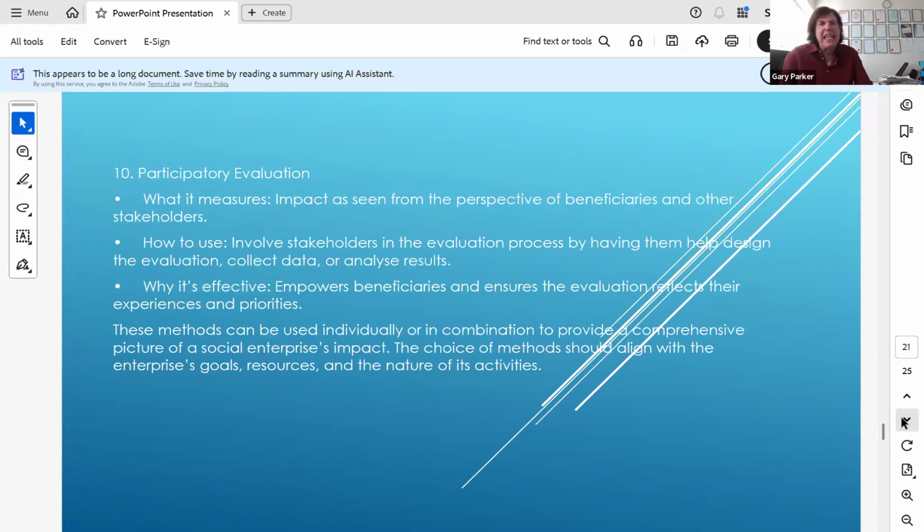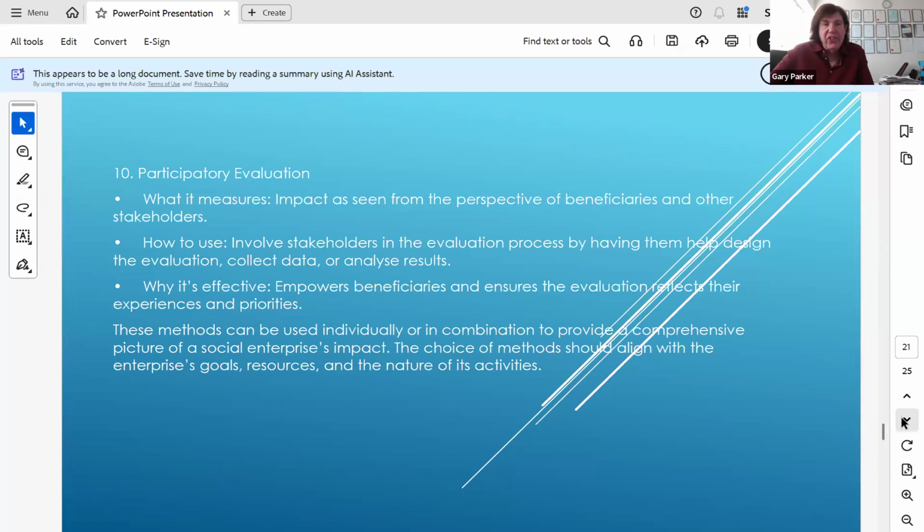Here is the last one, participatory evaluation. What it measures is impact as seen from the perspective of beneficiaries and other stakeholders.